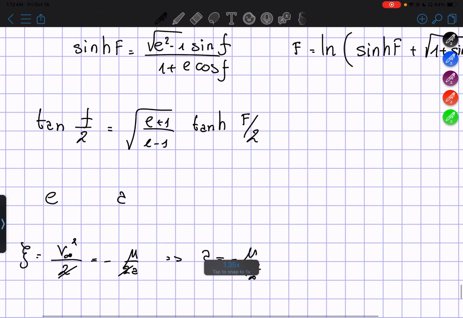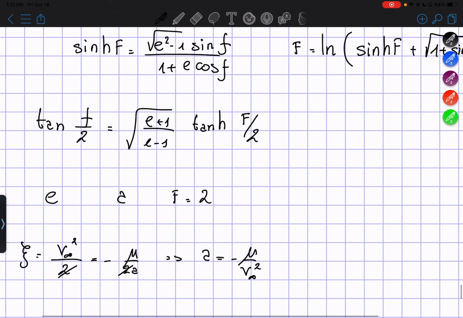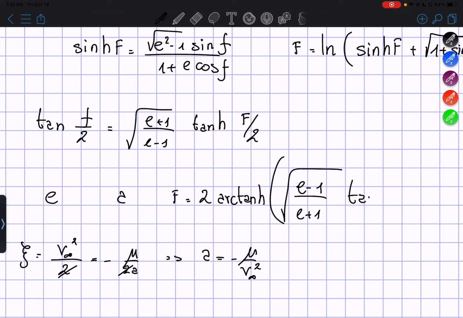Now F will be equal to 2 times the arctanh of the square root of E minus 1 times E plus 1, times tangent of F divided by 2.